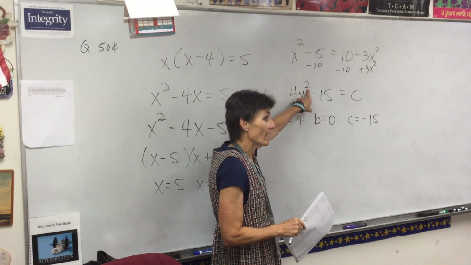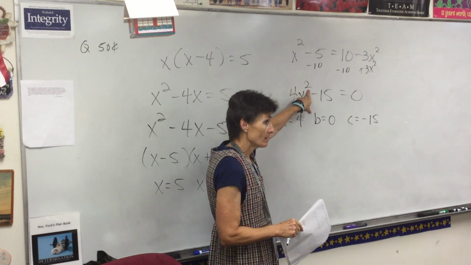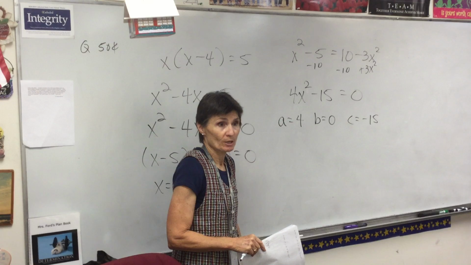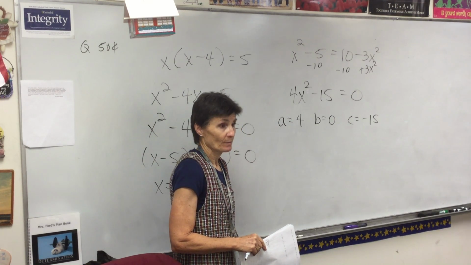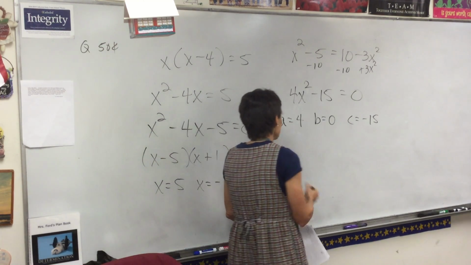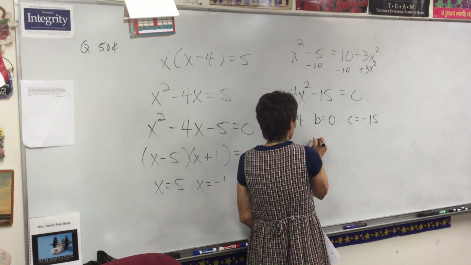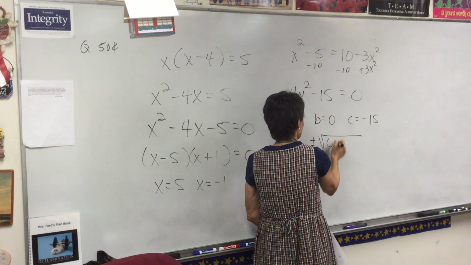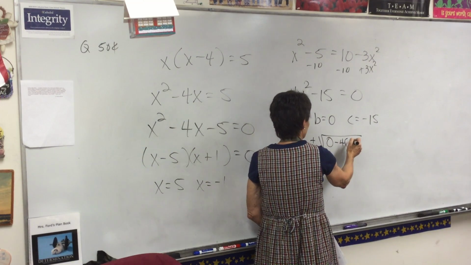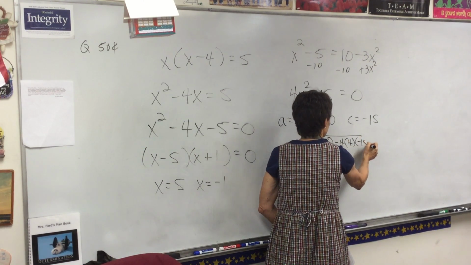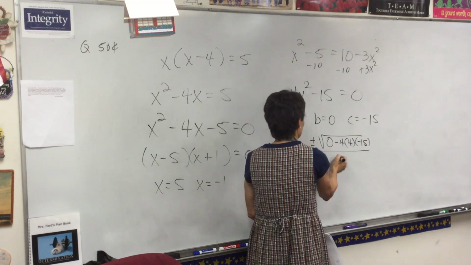Anytime you have a squared equation, the quadratic formula is an option. Always. So if we did that, we just have -b, that's 0, plus or minus the square root of 0 squared minus 4ac all over 2a.